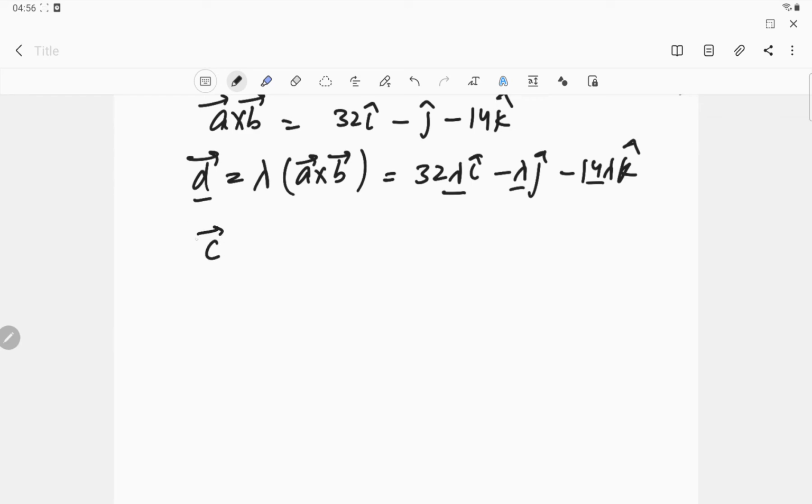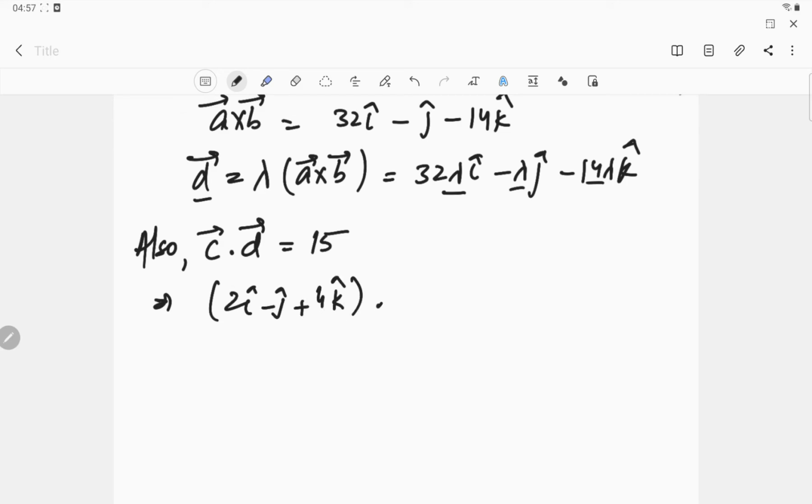So how to find that? We are making use of this given part. C dot d is given to be equal to 15. C is given to us, the C vector, that is 2i minus of j plus 4k. It is to be multiplied, or we can say we are going to do its dot product with d vector, 32 lambda i cap minus of lambda j cap minus of 14 lambda k cap, is equal to 15.